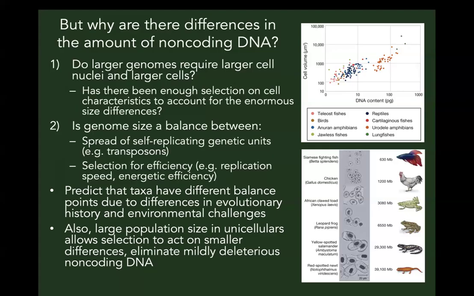If you have a fairly small population size, selection is going to need much more variation in fitness to be able to eliminate things. So perhaps the tiny, tiny little bad effect of a transposon might not be enough for selection to act on it if you have a really small population size like you would in an animal. I say small, but I mean small compared to a bacterium.